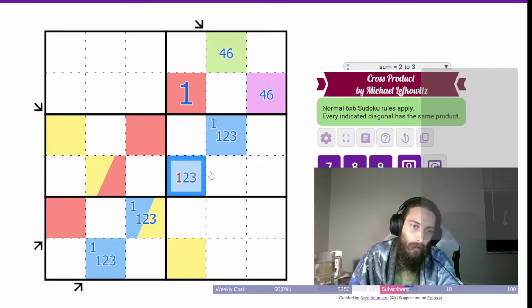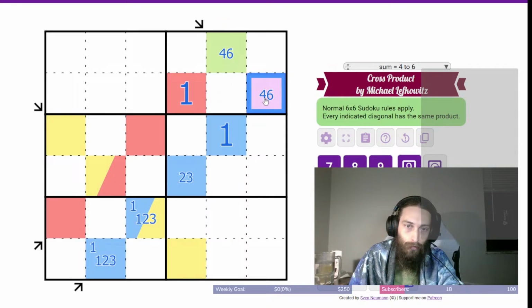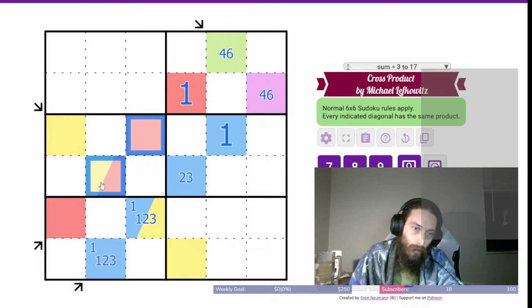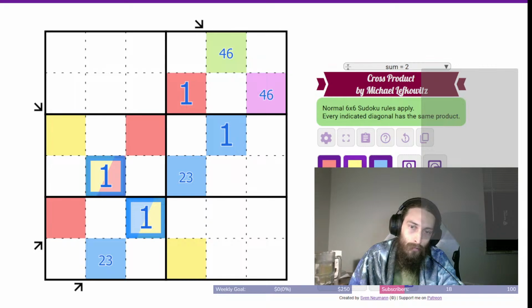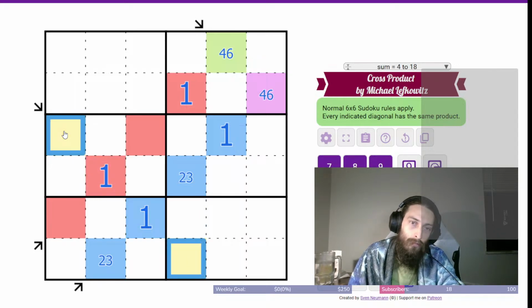So this has to be a 1 then, doesn't it? Because if it wasn't a 1, then I'd have 3 factors, but 4 and 6 only have 2 2s or a 2 and a 3. And one of these two is going to have to be 1. So these have to be green and purple.